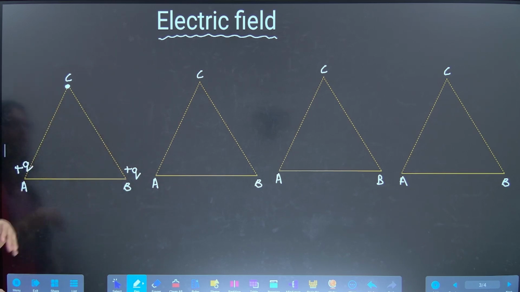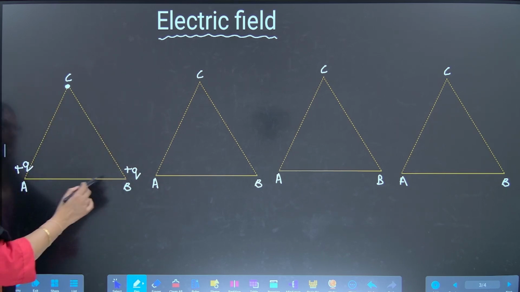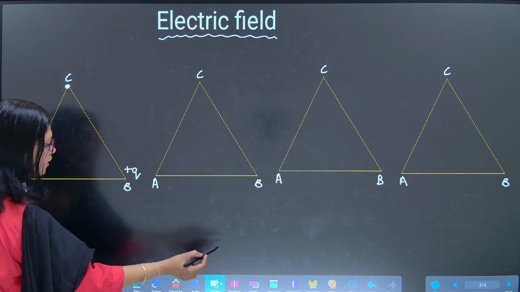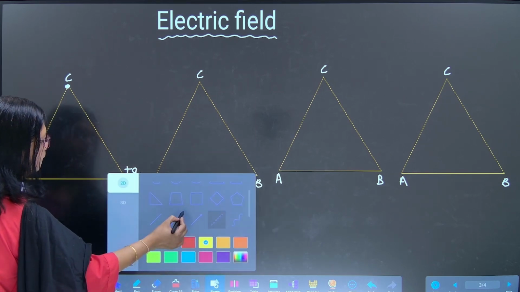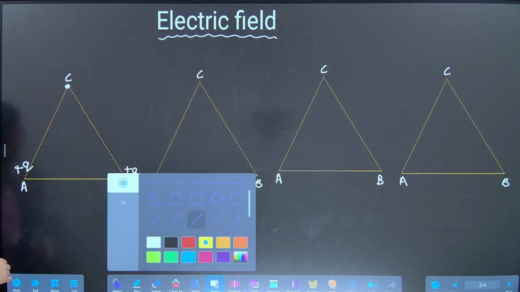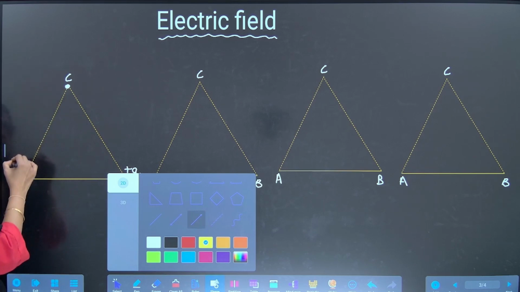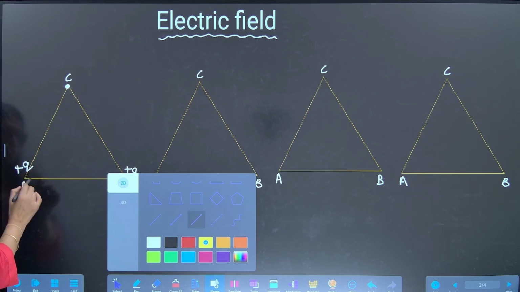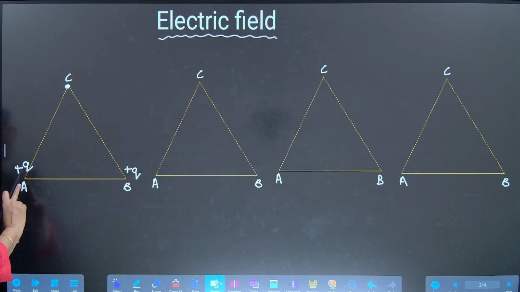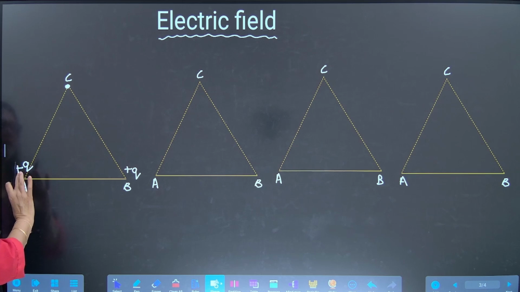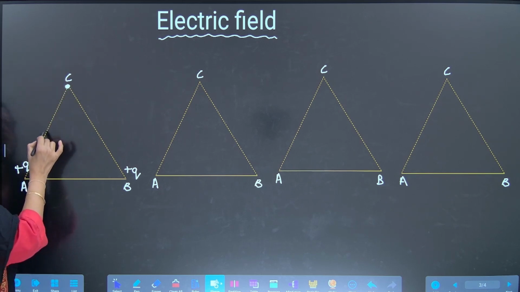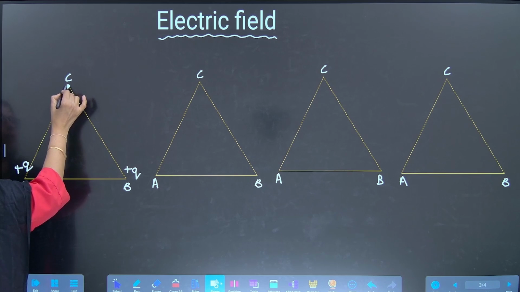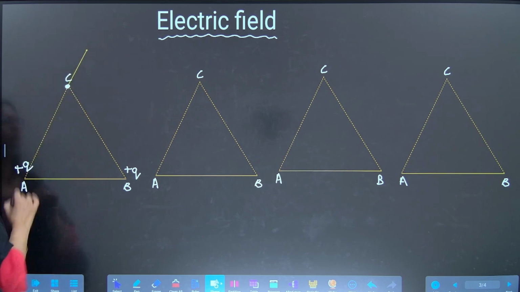Now, because both the charges are positive, how will I draw the direction of the electric field due to the positive charge from here to the point C? We are interested only in the charge and the point. So I go straight to the point, going outwards.